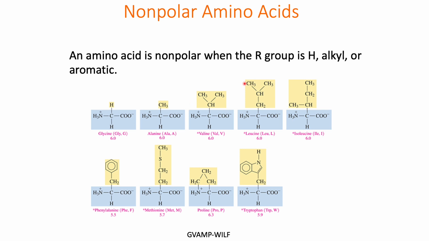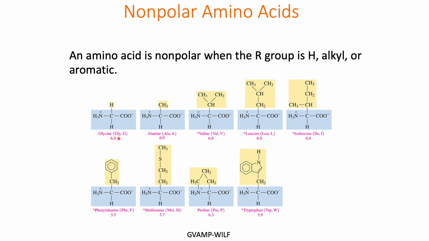So the non-polar amino acids are hydrophobic, like we just saw, and they usually have hydrogen, alkyl or aromatic side chains, and there are 9 non-polar amino acids: glycine, alanine, valine, leucine, isoleucine, phenylalanine, methionine, proline, and tryptophan. So amino acids are represented by 3-letter and 1-letter codes.